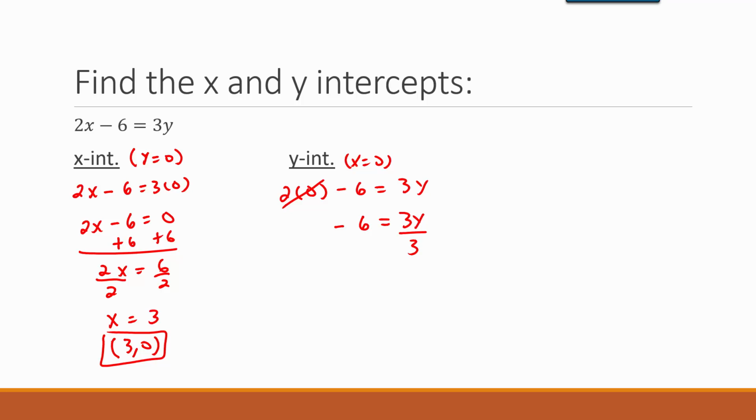Divide by 3, divide by 3, and y equals -6 divided by 3 is -2. So the point (0, -2) is where the graph crosses the y-axis. So again, if I wanted to graph that, I could plot those 2 points and then play connect the dots.